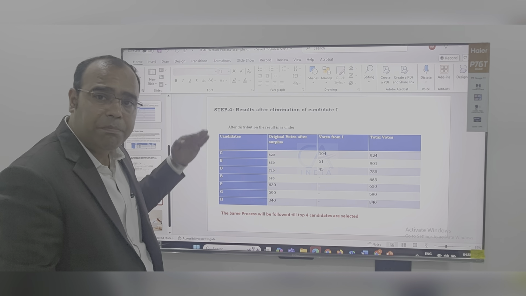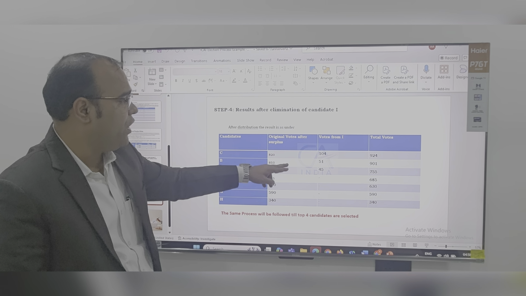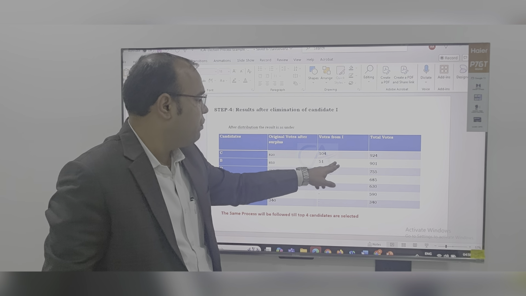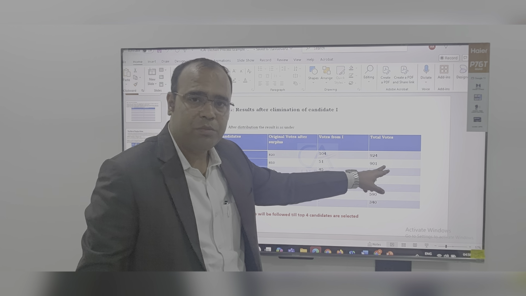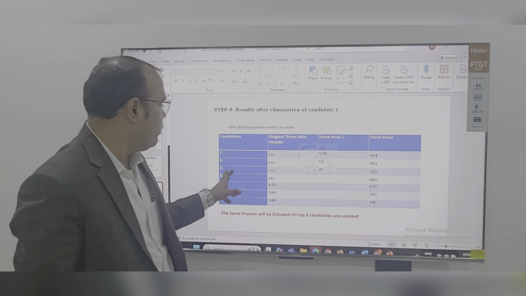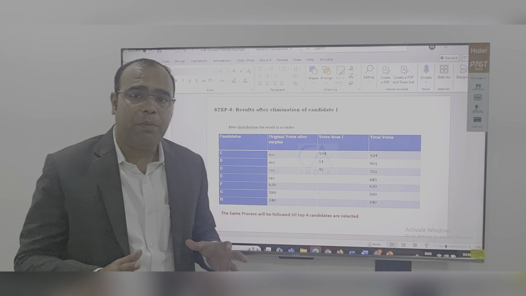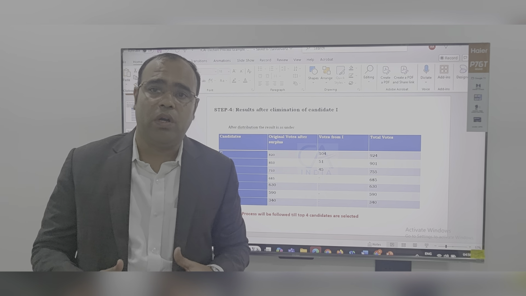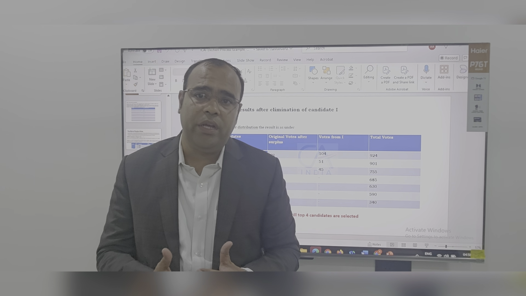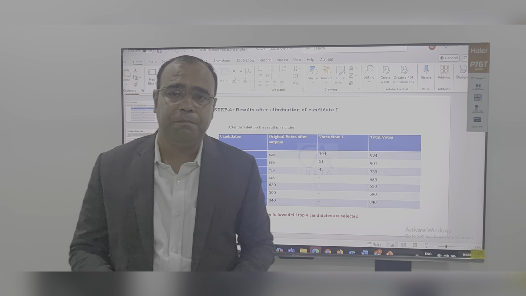So candidate B comes to the third position with 850, plus 51 votes he got from that 200 distribution, he becomes 901, and 45 to candidate D, candidate D becomes 755. Hence, it is important that you give the maximum preferences to whichever candidates you have been following and preferred should be elected in the council.